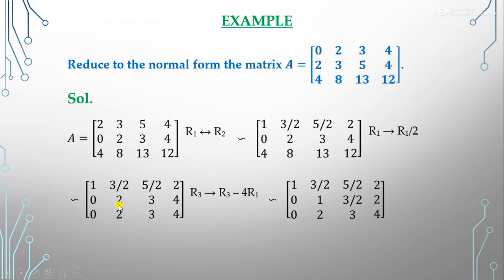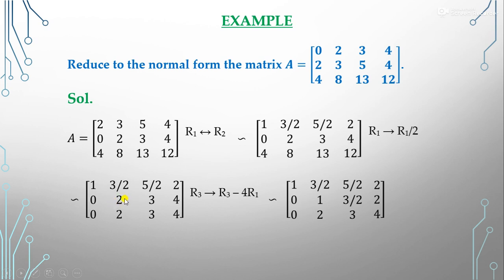Now you can see here our R2 and R3 are the same, and our motive is to make this element become 0. So if we subtract R3 minus R2, it becomes 0. It depends on you which operation you use first, okay.